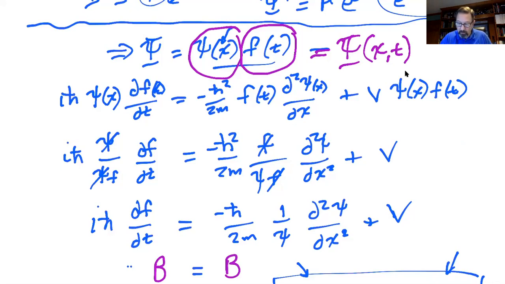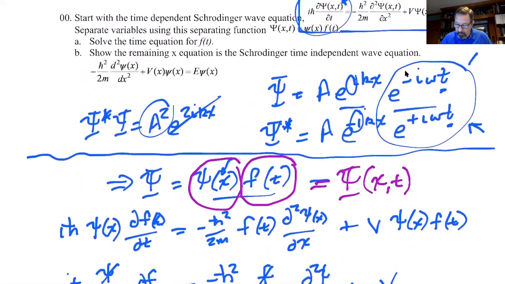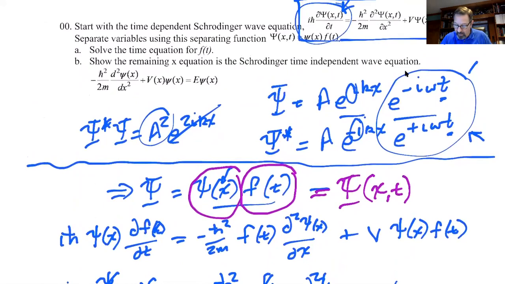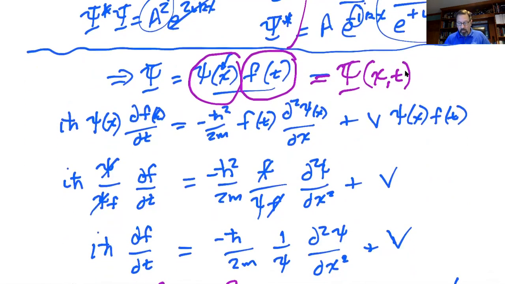And so what we do, and I'm in this ugly purple here, I'm talking about the steps that we did on Friday. You take this thing and plug it right in there, and right in there, and right in there, and you simplify as much as you can. What do I mean by that? Well, when I plugged it in here, I realized that the derivative was with respect to time.